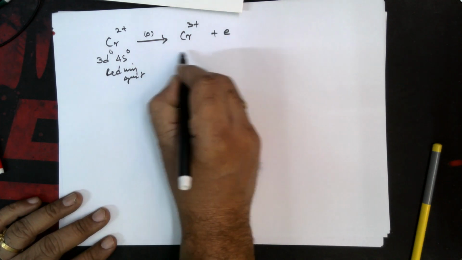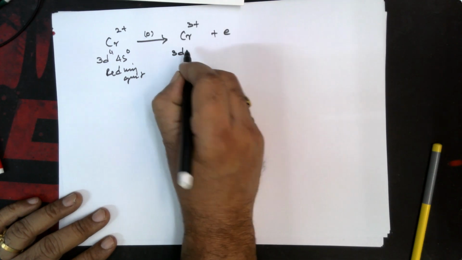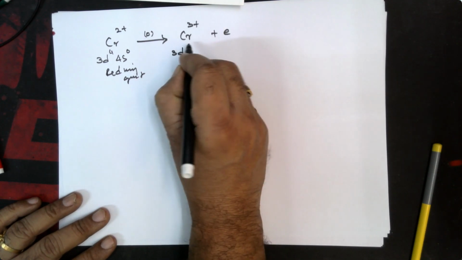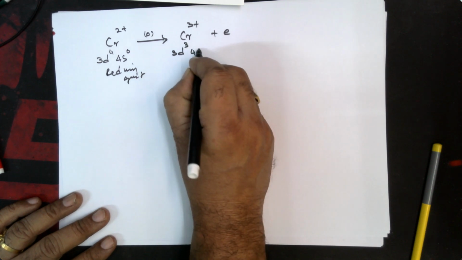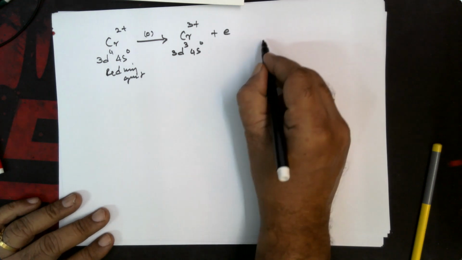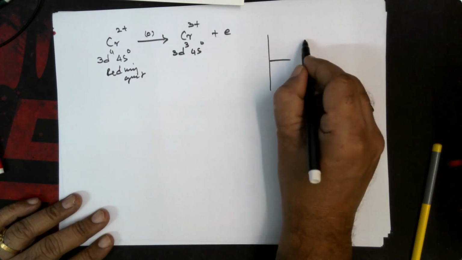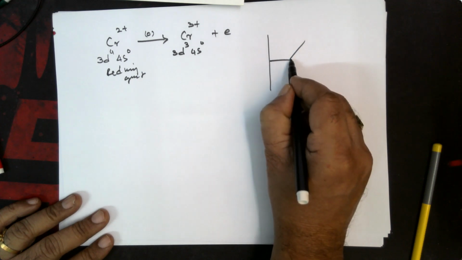What is the electronic configuration now? 3d3, 4s0.